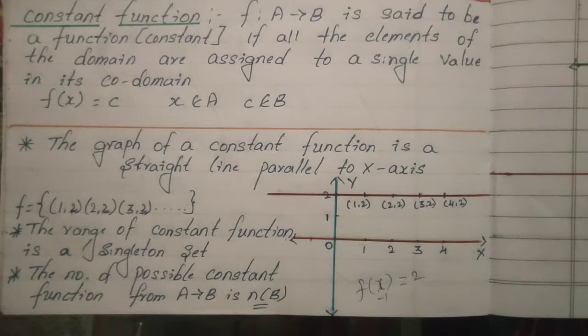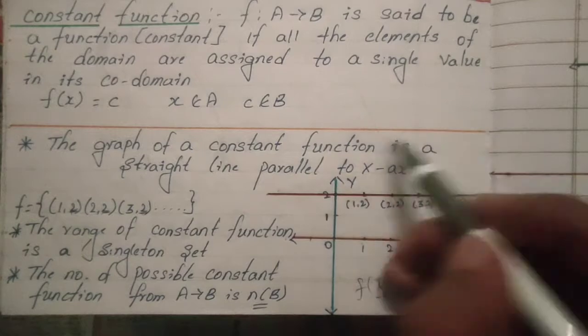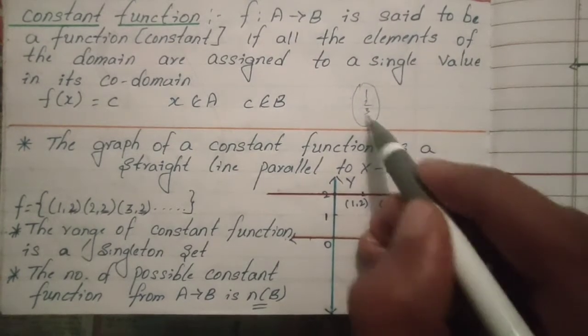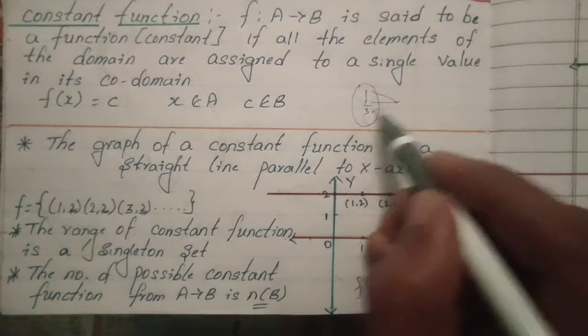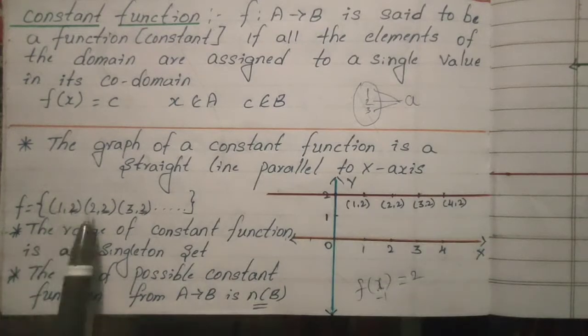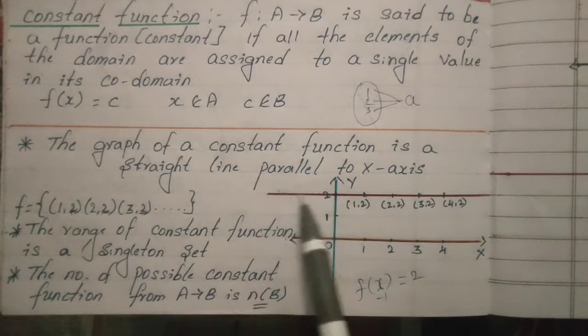So, what does it mean? Take any element: 1, 2, 3, all are associated with only a single element. So the domain is different, the range is the same. Then you will get one straight line. This is a constant function.